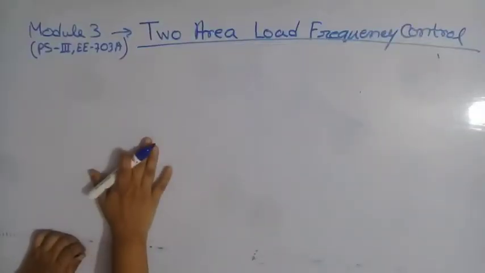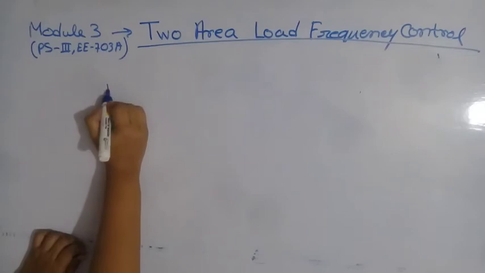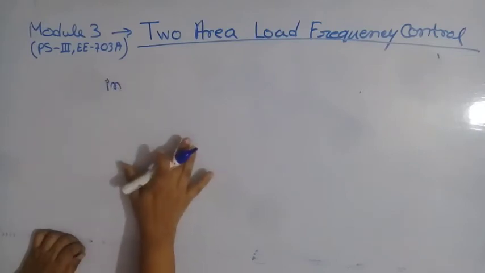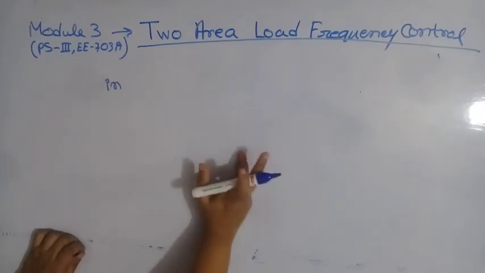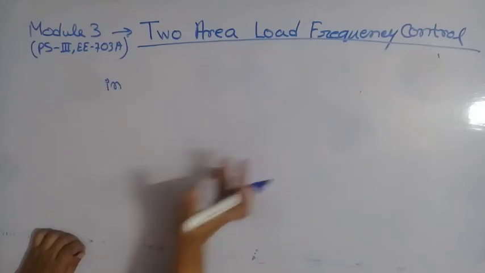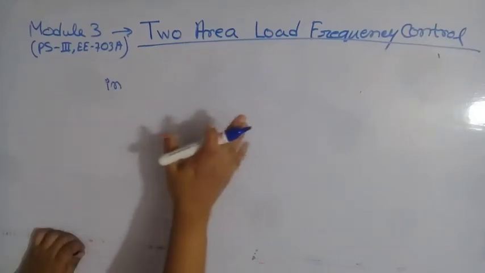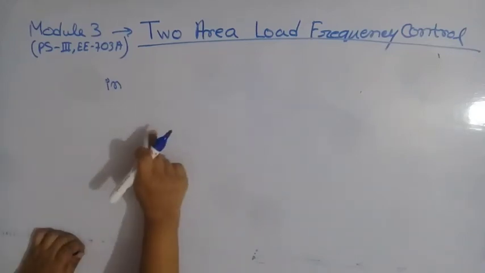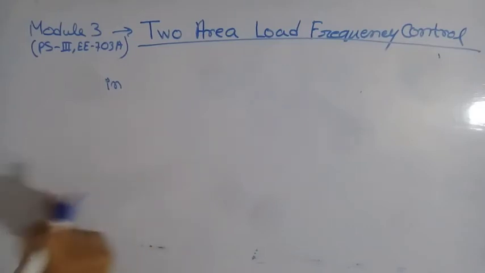Now in the beginning of this video I told that incremental power contributes the kinetic energy and frequency change in case of single area, and for two area it contributes to kinetic energy, change in frequency and tie line power.